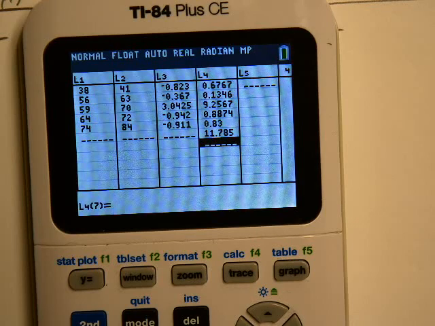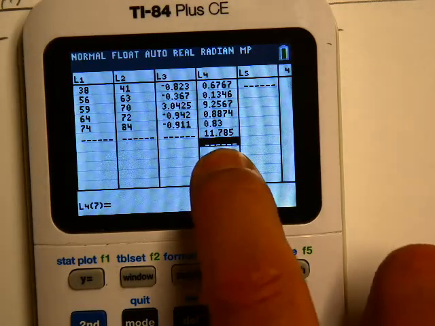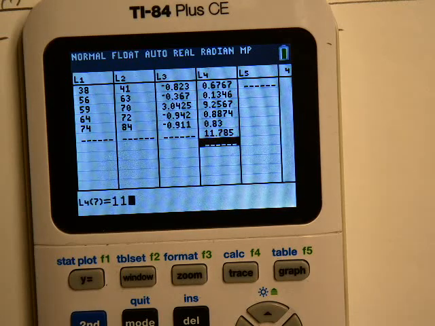Now, what we need to do is we need to take and divide that by n minus 2. So n being 5, because I've got 5 sets of data here. So minus 2 would be 3. So I'm going to divide that by 3. So I think the best way to do that is I'm just going to use this space below it, and I'm going to go 11.785 divided by 3.